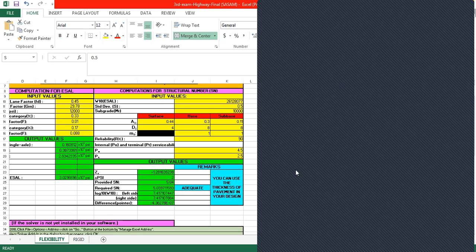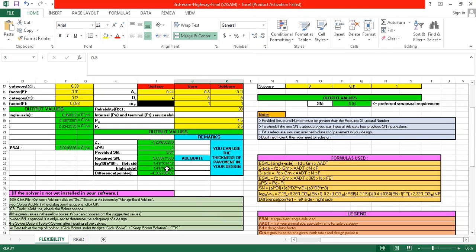And for the initial serviceability P sub 0 and terminal serviceability, PSI would be 4.5 and 2.5 respectively. To compute the values, we need to use this formula here.